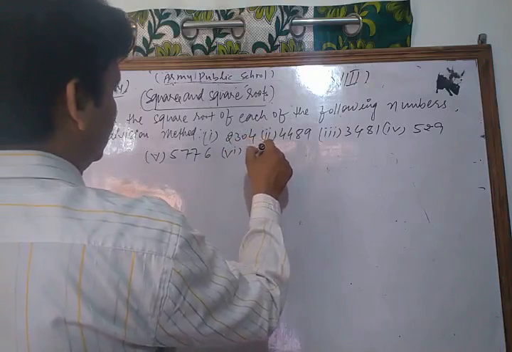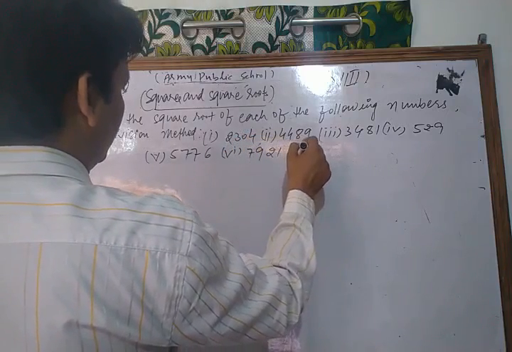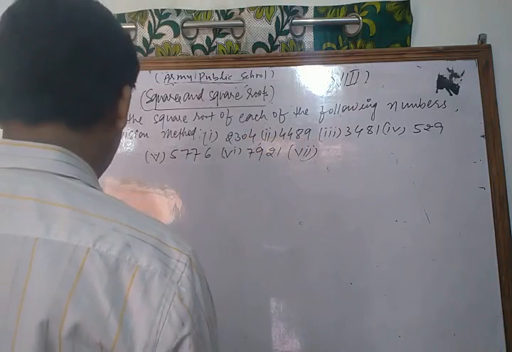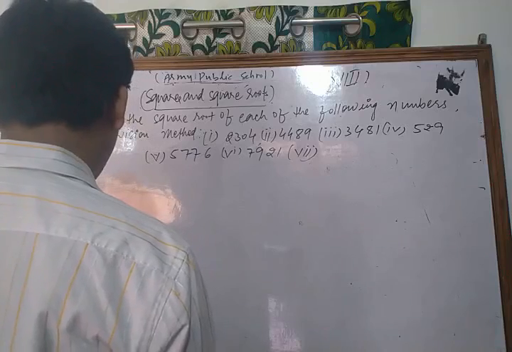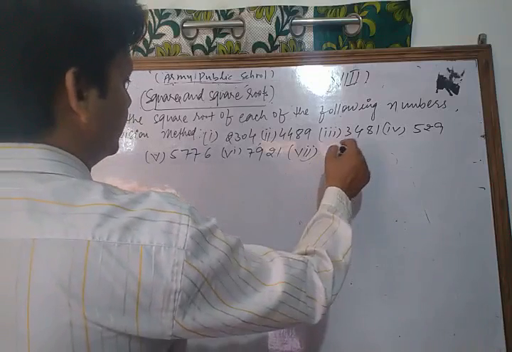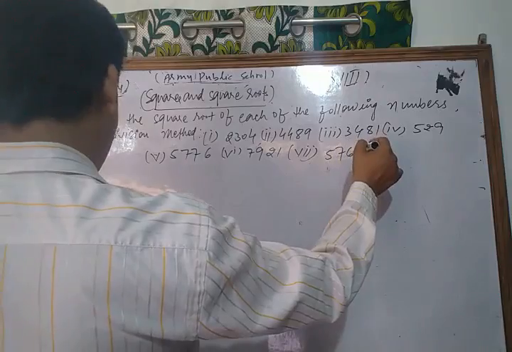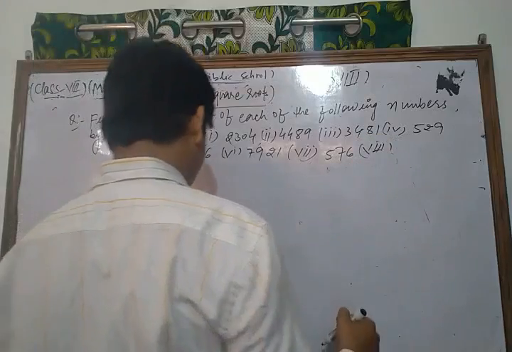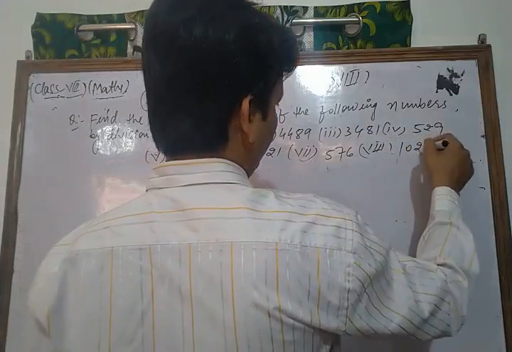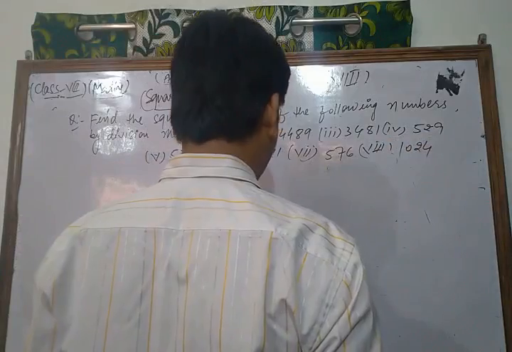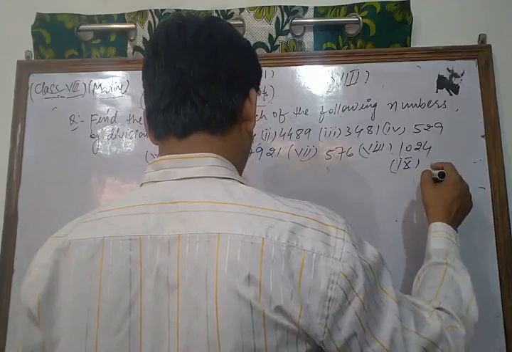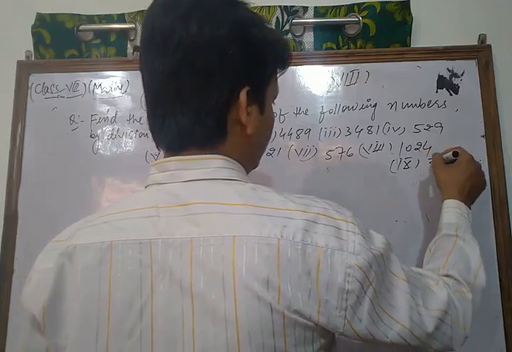Next, 7921. Seven, 576. Eight, 1024. Nine, 13136.